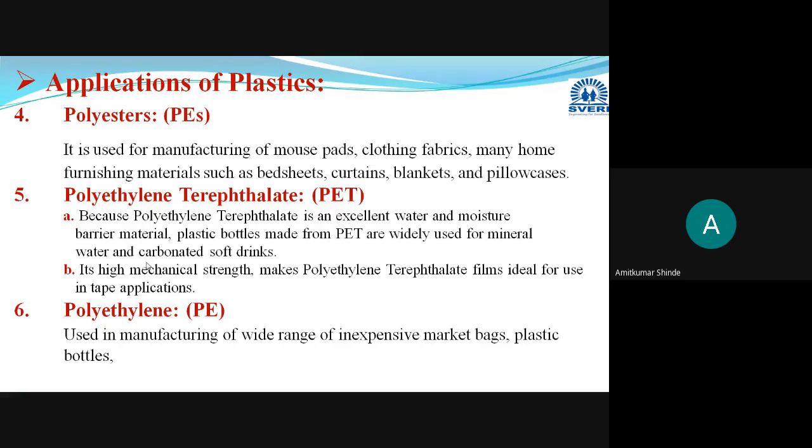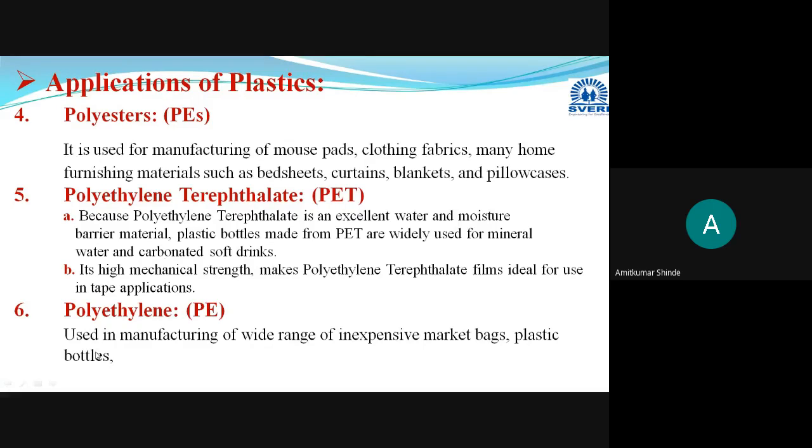Lots of soft drink bottles and water bottles are manufactured with polyethylene terephthalate because it acts as a barrier for moisture, or protects that particular drink or water from contamination.